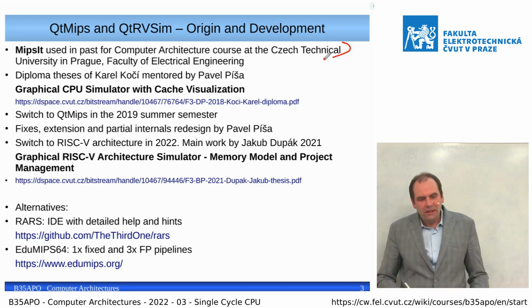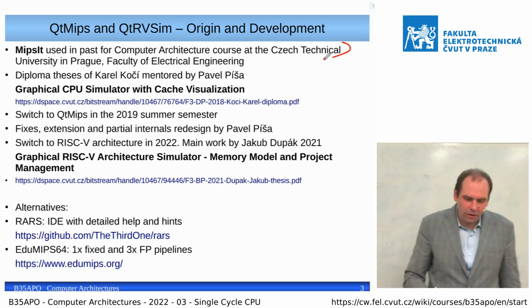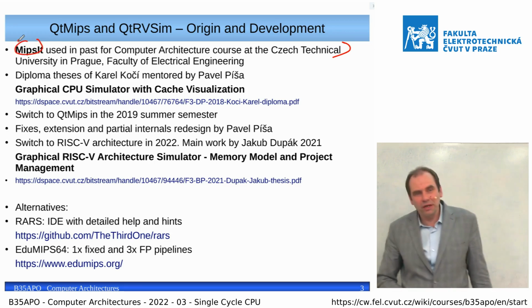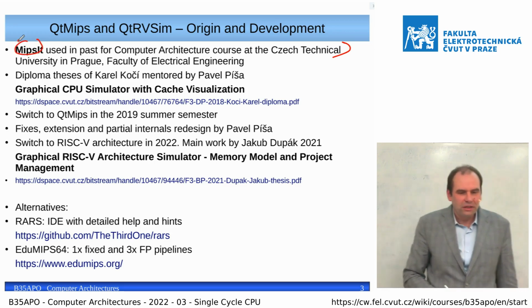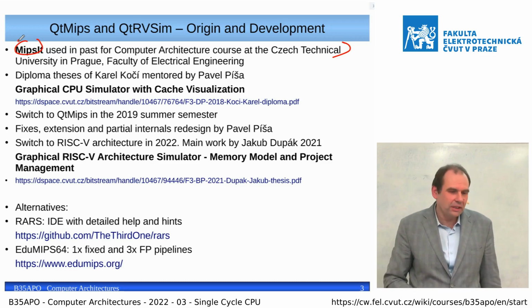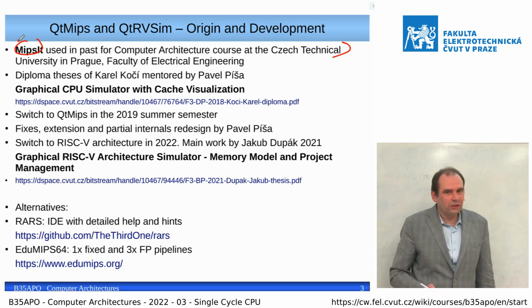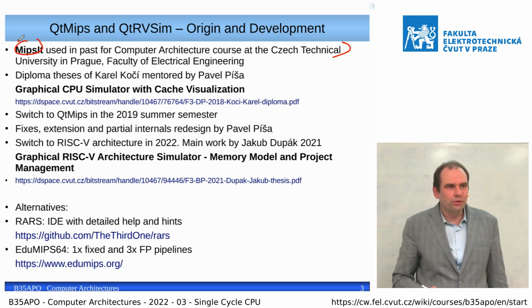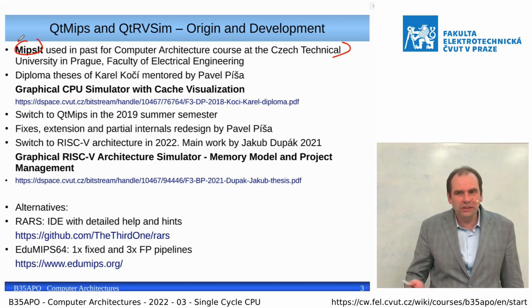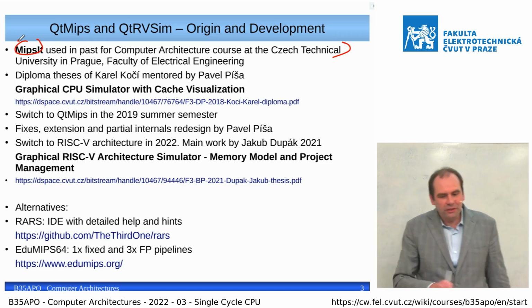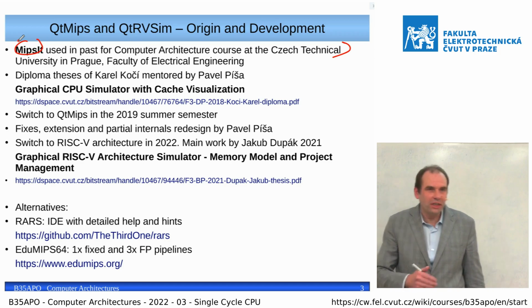Initially it was a simulator of the MIPS architecture, which was one of the architectures designed by Professor Hennessy. It was quite a useful architecture because at one time it was used for the design of 3D graphics. If you use OpenGL and such stuff today, it was developed on MIPS at the SGI company.